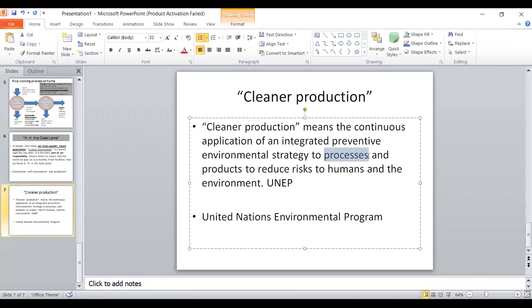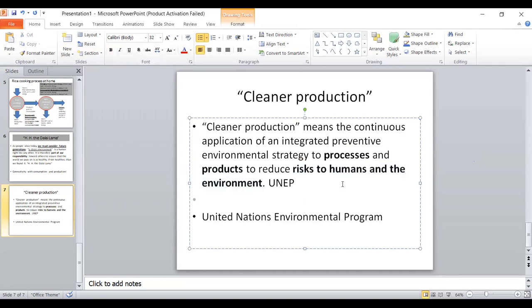Here, there is a production process and there are products. So process and products, of course, should not pose any risks to humans and the environment. These are the very same wordings.